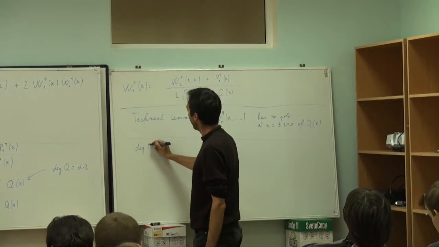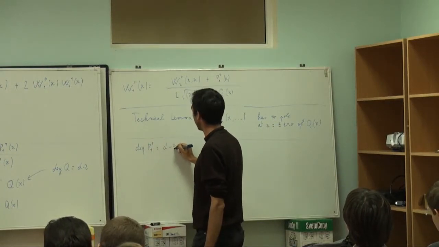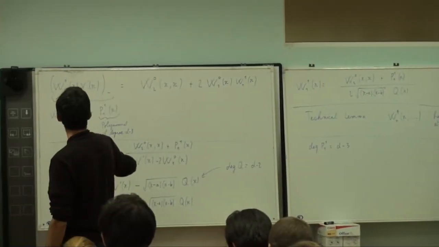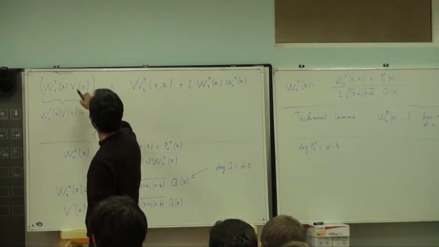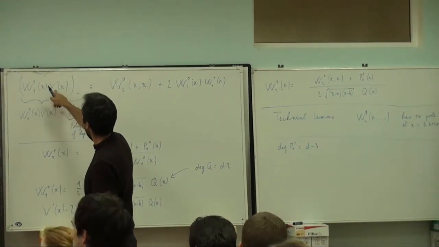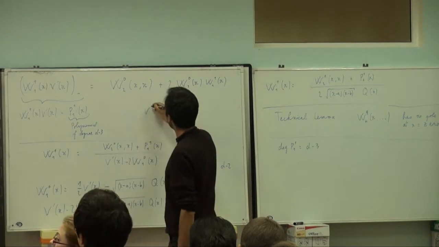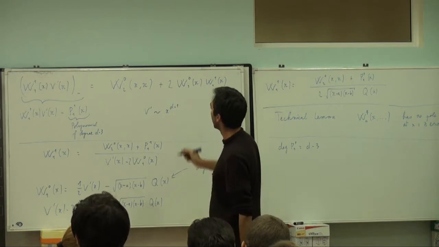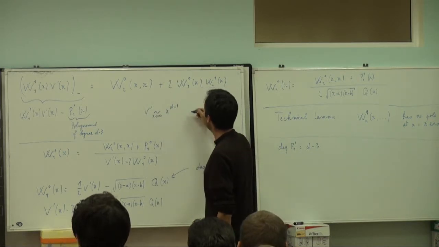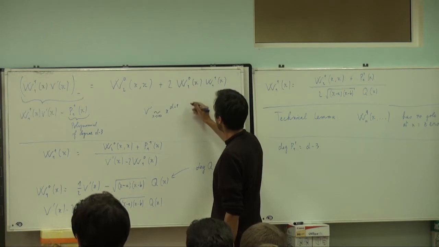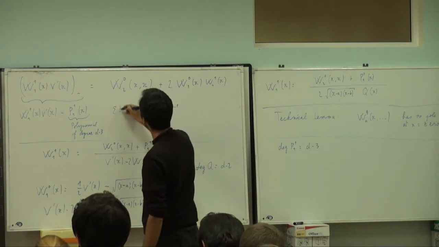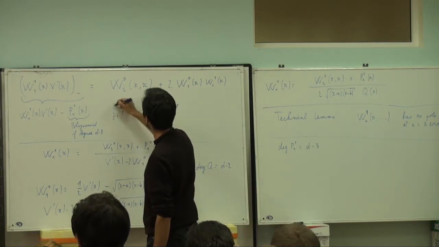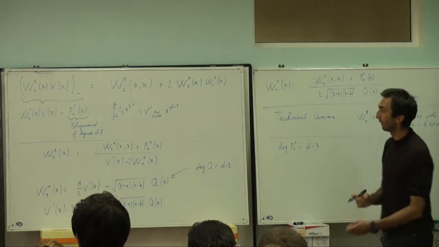So the degree of P11 equals d minus 3, which you can see just by seeing what V prime is. V prime behaves like x to the d minus 1 when x is large, because V prime was the sum of t_j x to the j minus 1 from j equals 2 to d. So it's a polynomial of degree d minus 1.